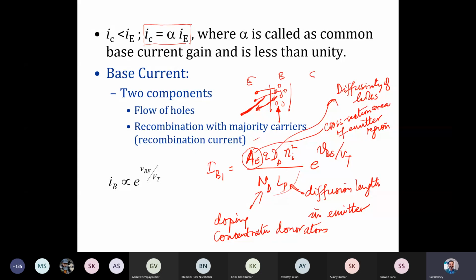And the second component is for the recombination. The electrons combine with holes, so the number of holes recombining has to be supplied by the battery.